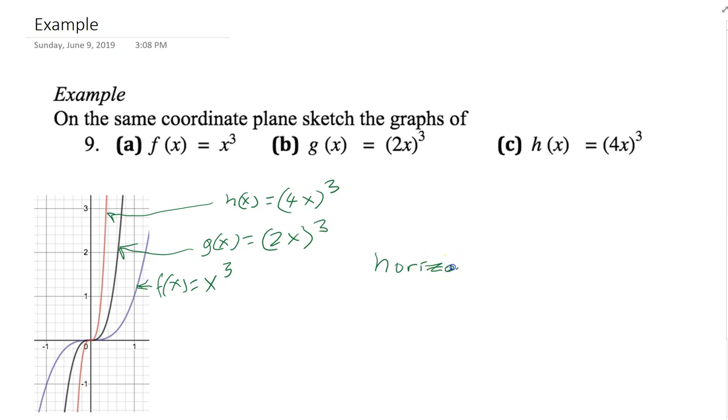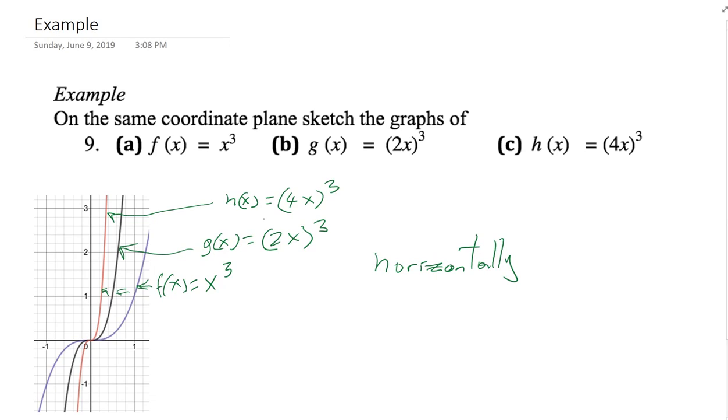Horizontally, the curves are getting closer and closer to the y-axis. So what we have is a horizontal shrink of the curves.